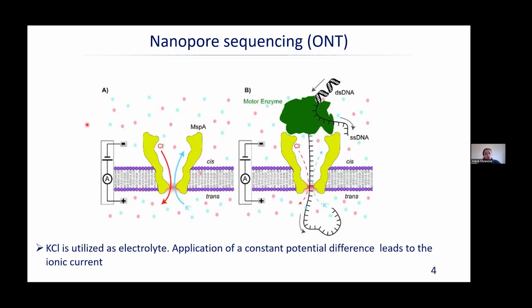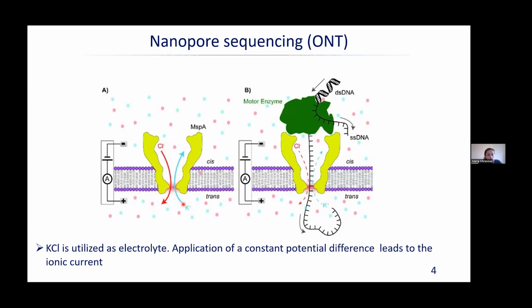The idea of this technique is to apply a constant potential difference to both sides of this membrane, and the potential difference leads to ionic flow through the pores. Positively and negatively charged ions go in opposite directions.